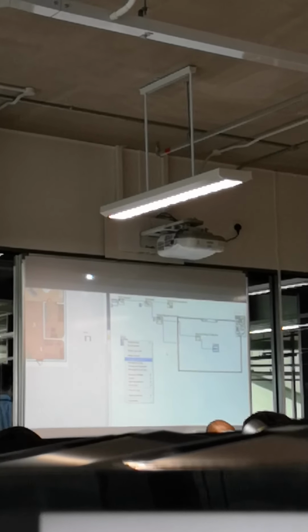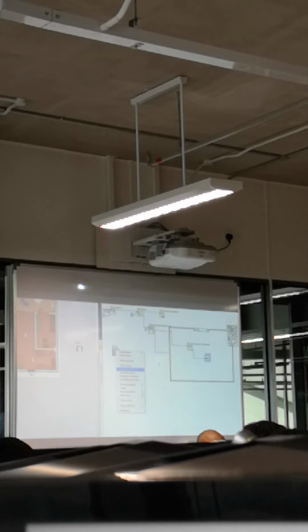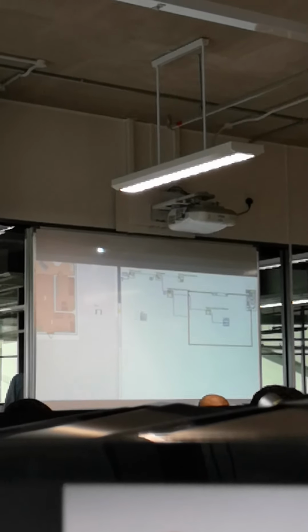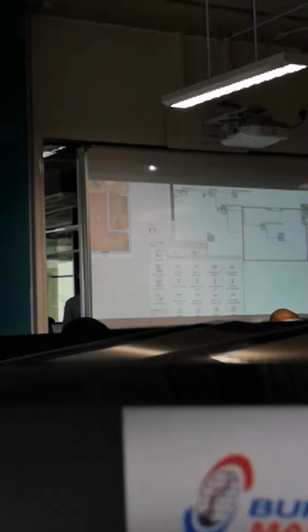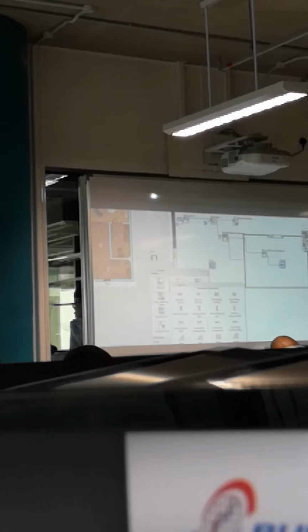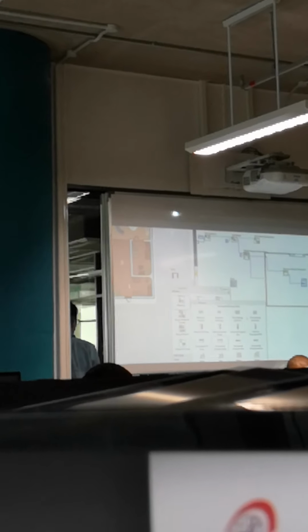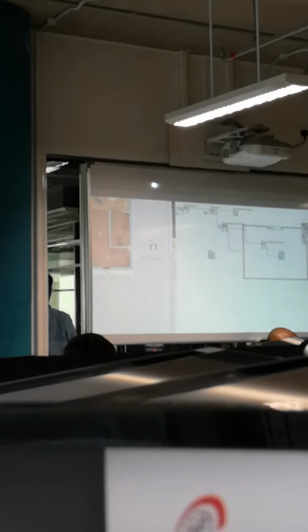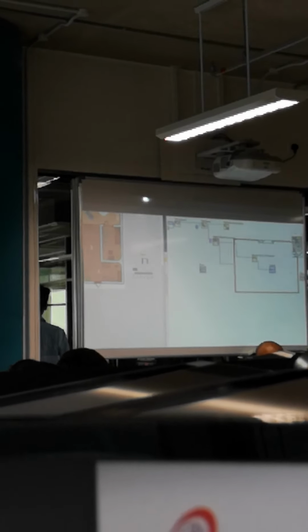You see that? People? Yes. Alright. Once it's been changed to an indicator, I'm going to come to my front panel and create a horizontal numeric slider with pointers. So I'm just going to place this here.